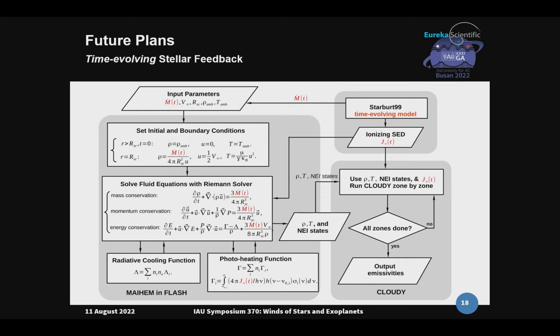So my future plan is to use the time-dependent SED model made by Starburst99 and use the mass loading predicted by the model, and also the SED model, as an input to my hydrodynamic simulation. And I will be able to produce how the emissivity evolves with time because of time-dependent and non-equilibrium photoionization.